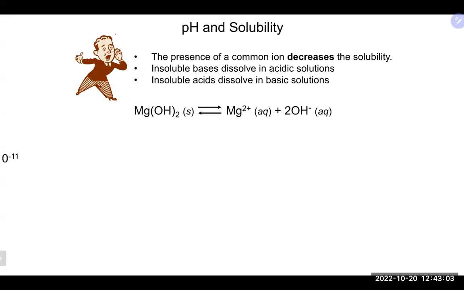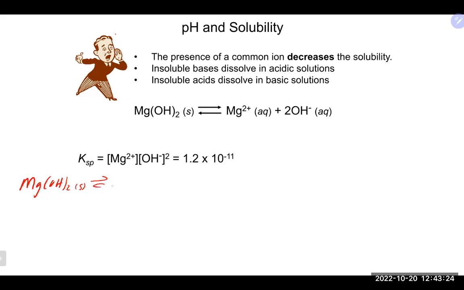So if we look at this guy right here, which is magnesium hydroxide, the Ksp here for magnesium hydroxide is 1.2 times 10 to the minus 11. We could do a quick calculation here, like we've been doing with our ice table, and take our magnesium hydroxide to magnesium plus a couple of hydroxides.